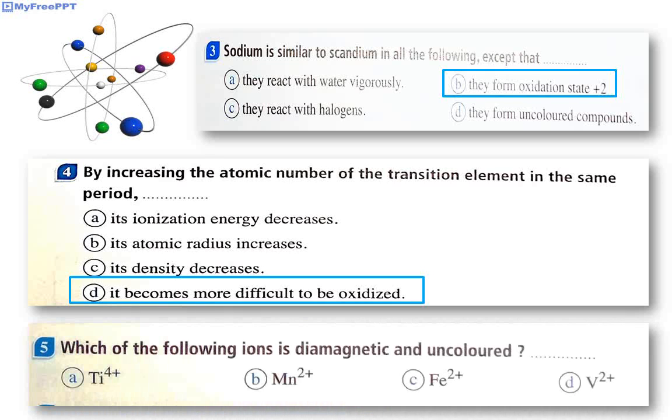Question number 5. Which of the following ions is diamagnetic and uncolored? What is the meaning of diamagnetic? It means that its electrons are completely filled. Uncolored means they don't take any colors if they have completely filled orbitals.